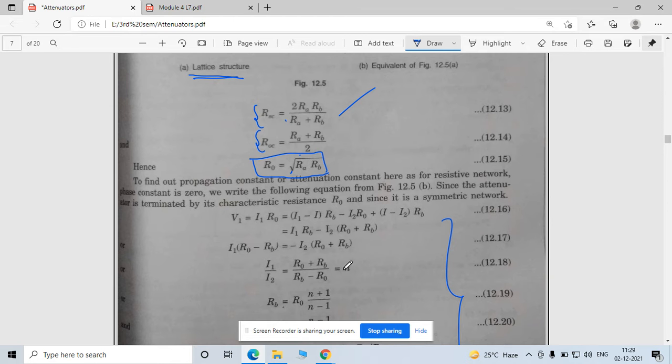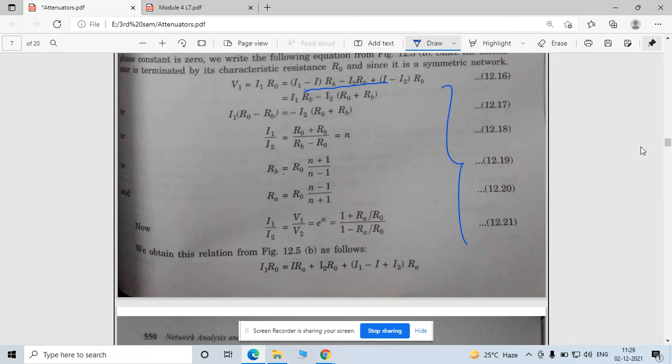Now apply the KVL here. You will find this equation, which is equal to your I1 R naught. Now take the ratio of I1 with respect to I2 by this equation. So you will find R naught plus RB divided by RB minus R naught.